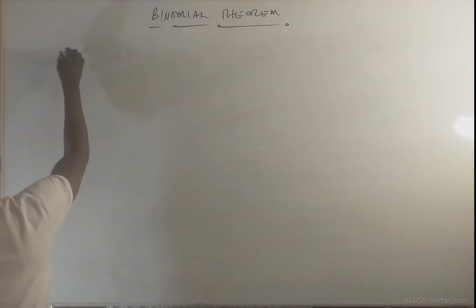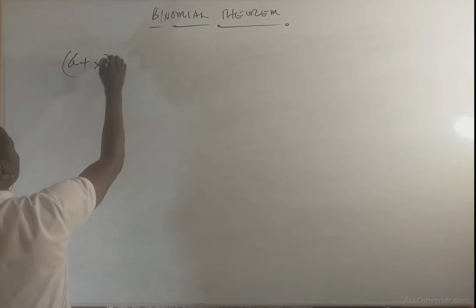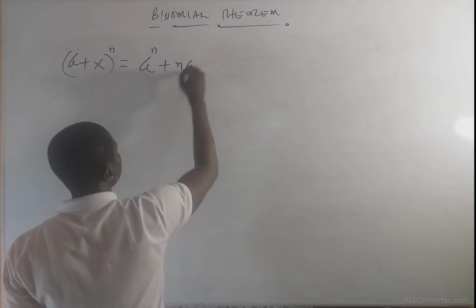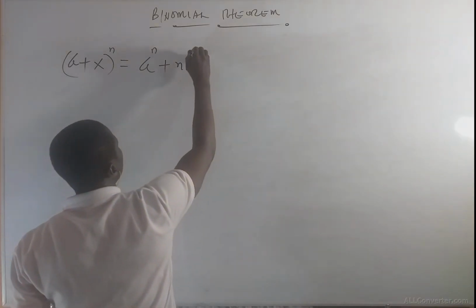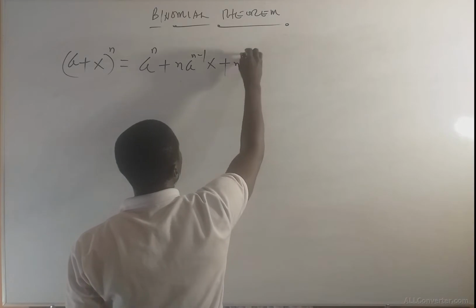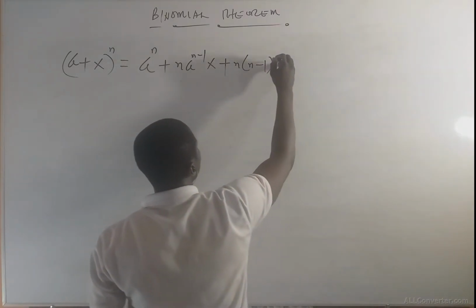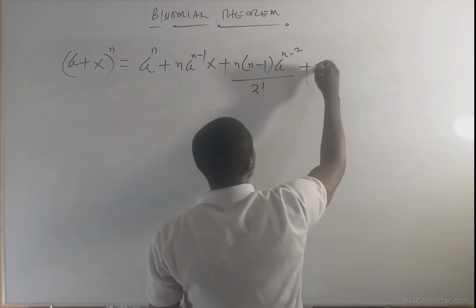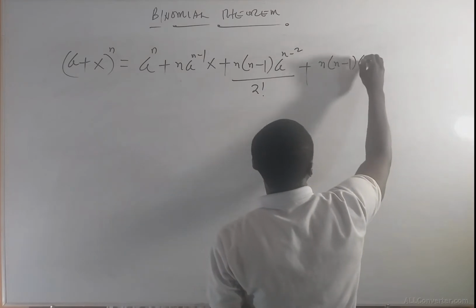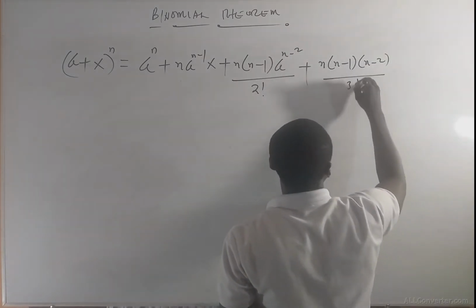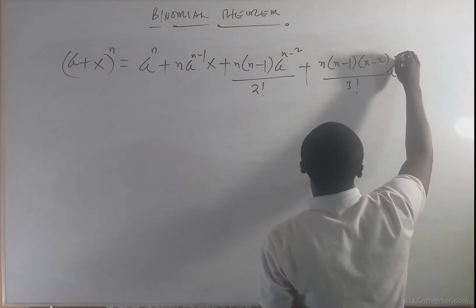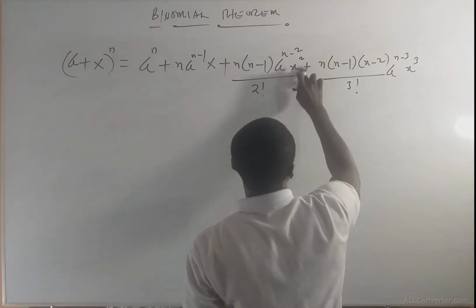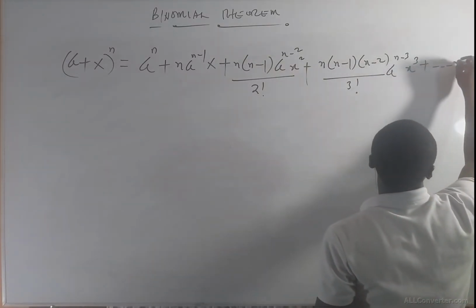But I want you to take note of these two formulas. We have (a + x)^n. This is the same as a^n + n a^(n-1) x + n(n-1) a^(n-2) x^2 over 2 factorial + n(n-1)(n-2) a^(n-3) x^3 over 3 factorial, up to x^n.